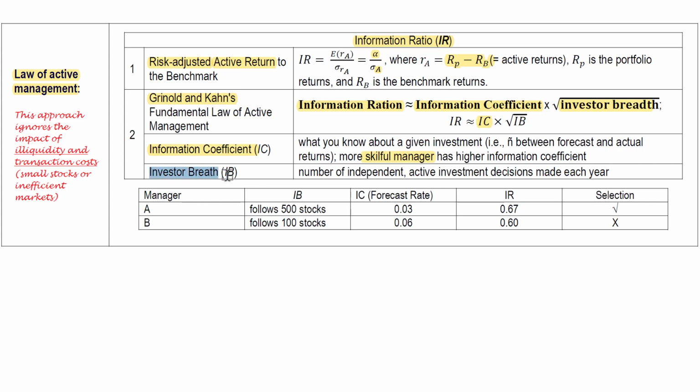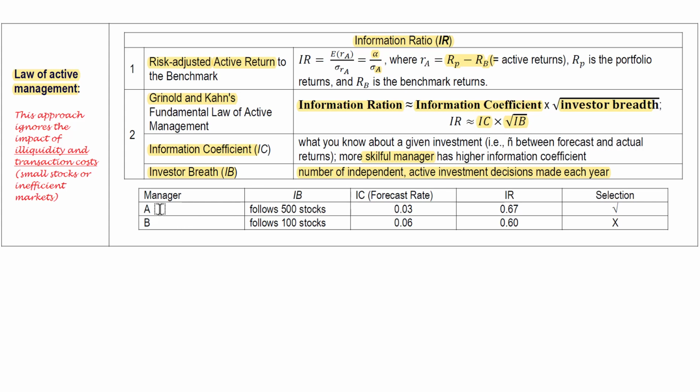The other one, IB, means the number of independent active investment decisions made each year, meaning how many times you do that prediction. The more you do and the more accurate the prediction is, the higher the information ratio. So this is the way to analyze the managers.